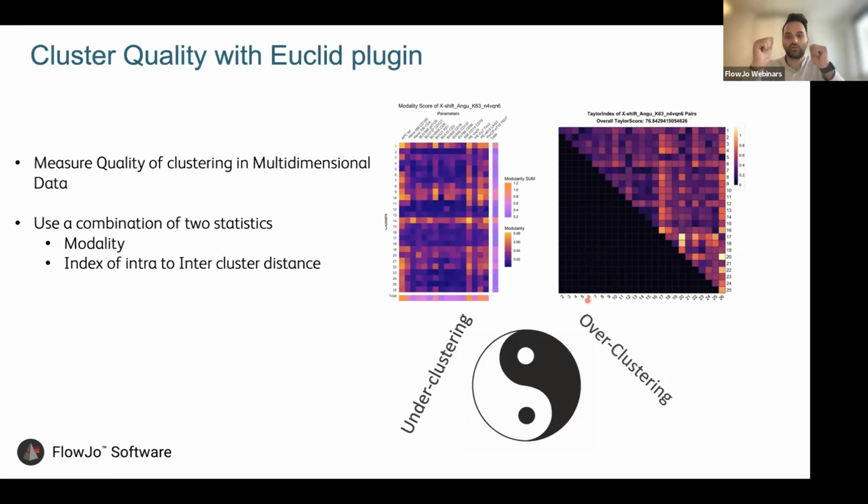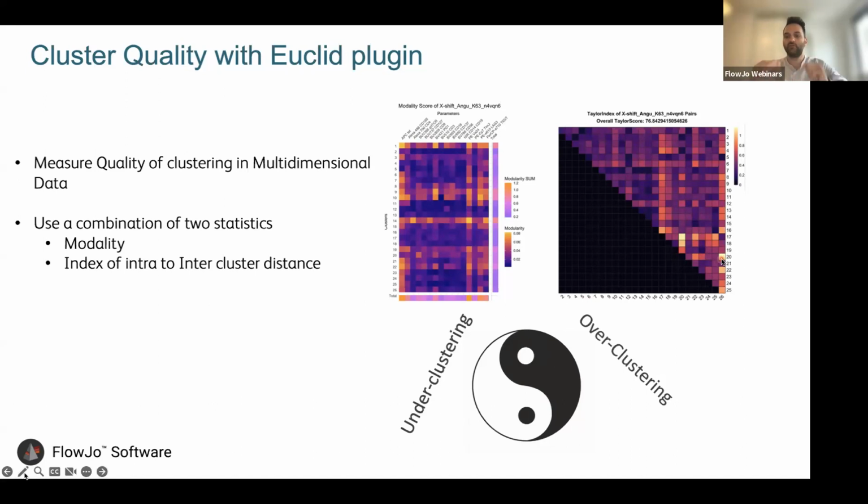And if those 2 clusters are very close to each other, then it would give us a very low value. That would indicate that those 2 clusters might actually be one and they should be merged.